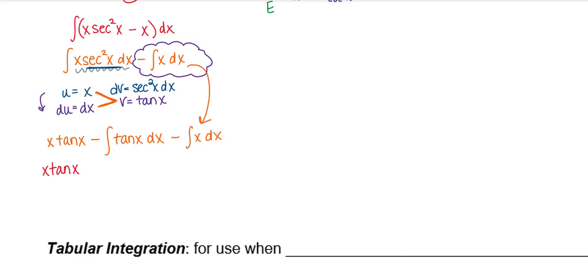Now, tangent of x, some of you may have memorized its antiderivative. It comes from the fact that this is sine x over cosine x. So I could do a u substitution or a w substitution if I need to. But again, some of you may have memorized this. So if you let your denominator be a w, then dw is negative sine x dx.